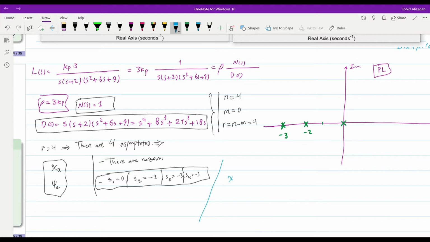For xa, you should know that it's equal to the sum of zi's minus the sum of pi's over n minus m.